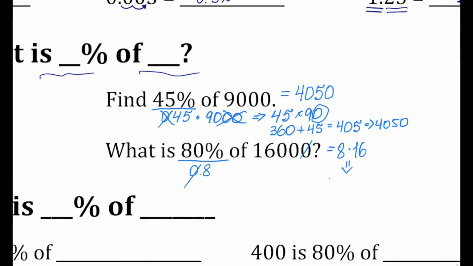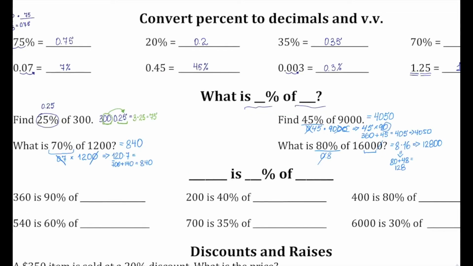That gives me 80 plus 48, which is 128. And then I still have 2 zeros. So that gives me 128 with 2 zeros, or 12,800. So these were for finding a certain amount of percent of a certain number.